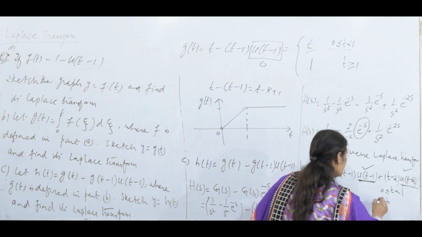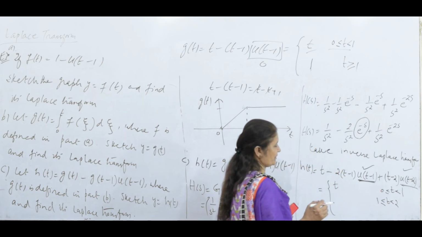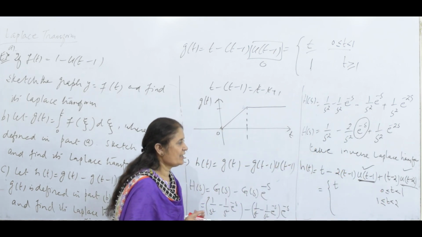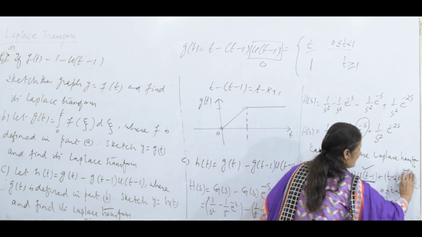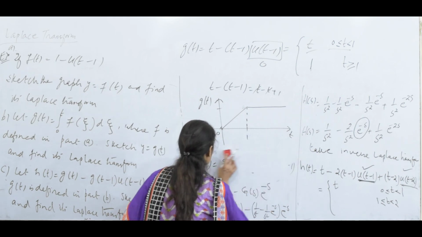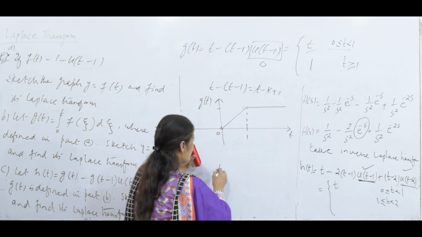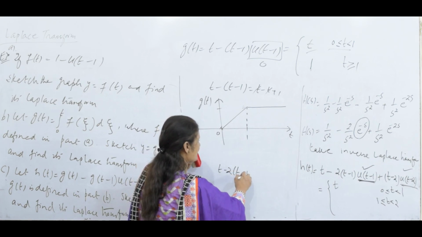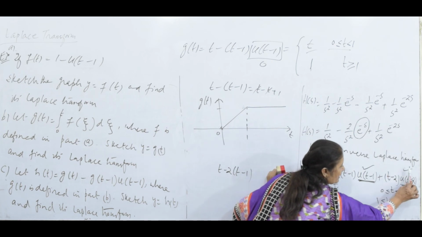The next is t greater than or equal to 1 and less than 2. If t is less than 2, according to the definition this part vanishes, and we are left with t minus 2(t minus 1).